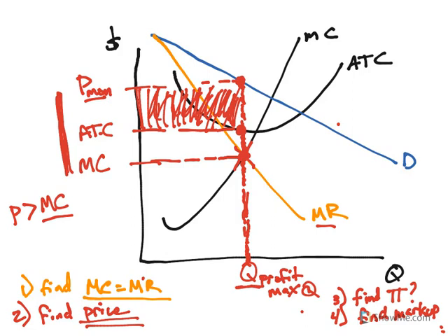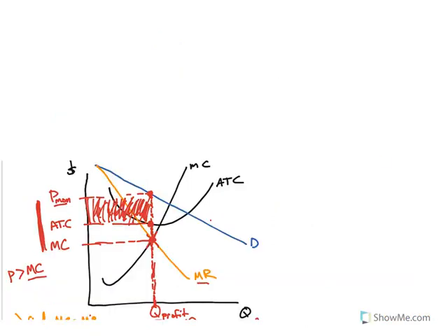Maybe they weren't producing a cost-efficient quantity, they weren't producing at efficient scale, but they were at least producing an allocatively efficient quantity because there was no deadweight loss. Well, let's see if that's true here. Let me make this a little bit smaller so we can take some notes.